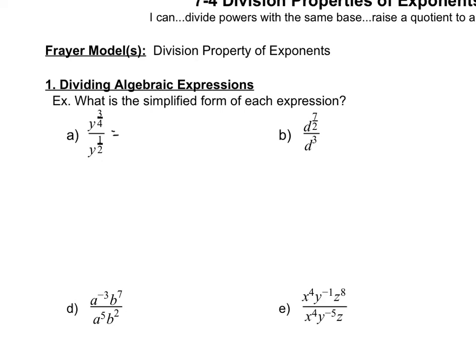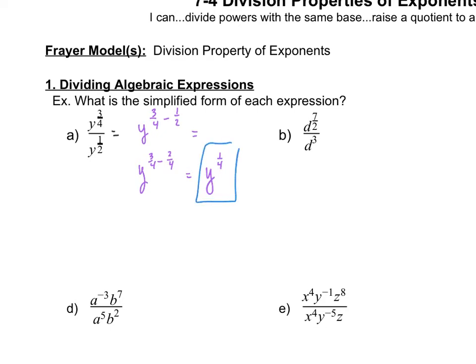So we have y to the 3/4 minus 1/2, because we're going to subtract our exponents. That becomes y to the 3/4 minus 2/4, because we have to have common denominators when we are adding or subtracting fractions. That becomes y to the 1/4, so that simplifies down to y to the 1/4.